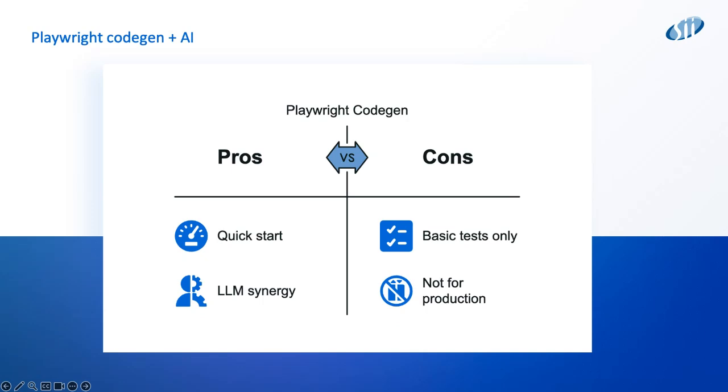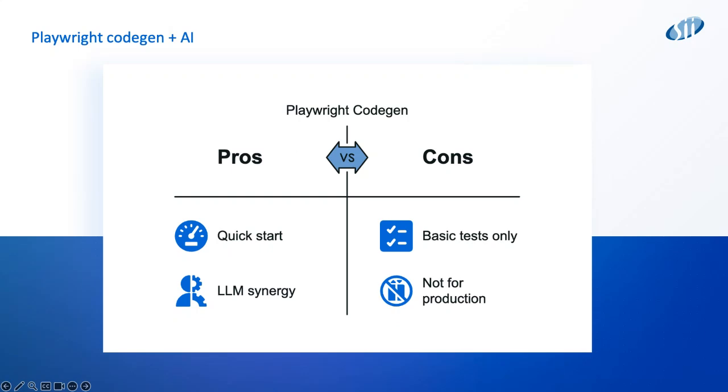We can record all of our actions, then generate our code from these actions. So it works like: we are recording something, then we have the code. But to be honest, the code is not the best one, and quite often it needs a lot of refactoring.